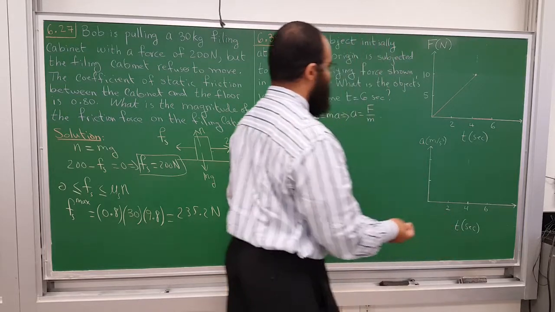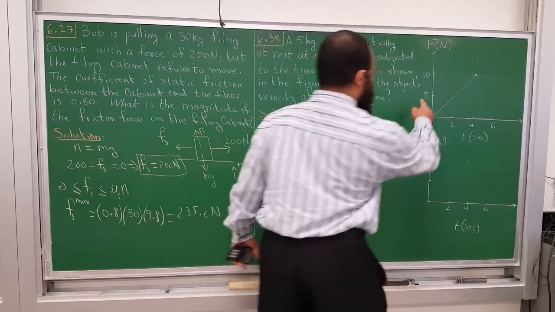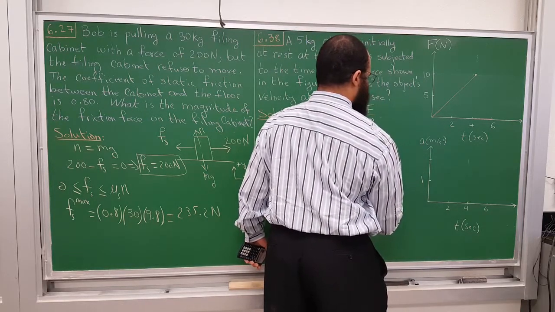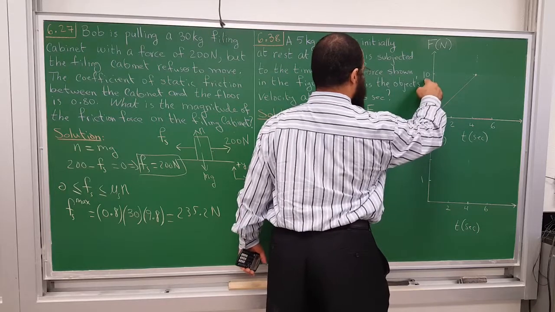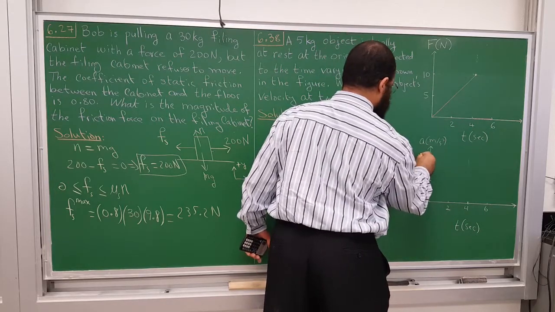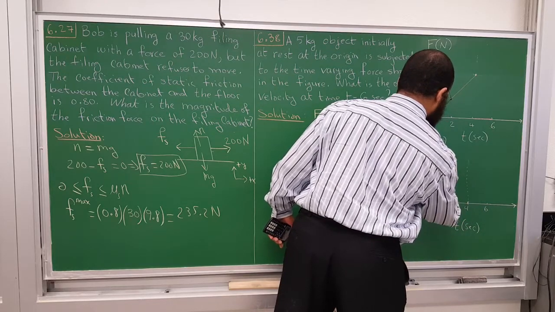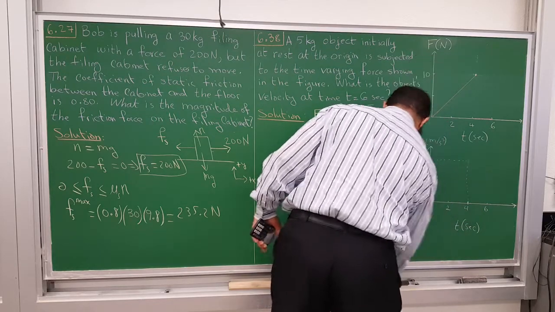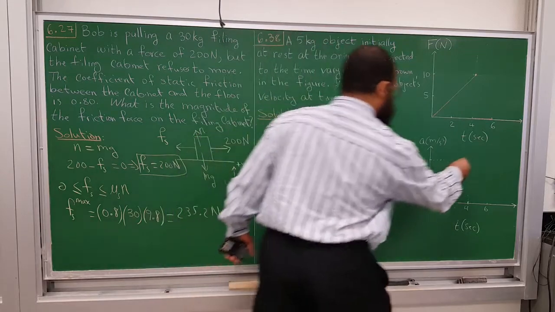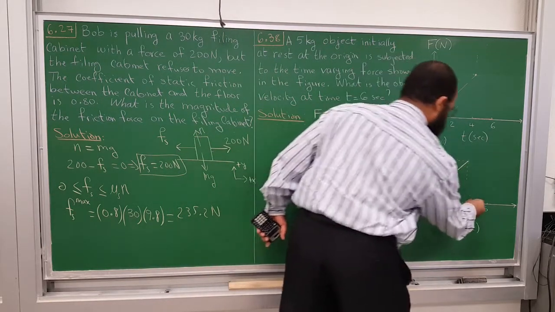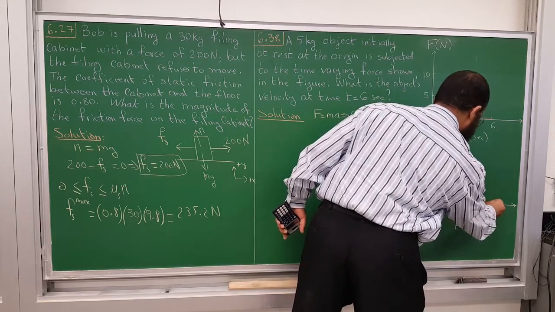It would be 1 meter per second squared when the force is 5 newtons, and when the force is 10 newtons, it would be 2 meters per second squared all the way to here. So let me just draw it this way. That's the acceleration, and then here, the acceleration would become 0 again.